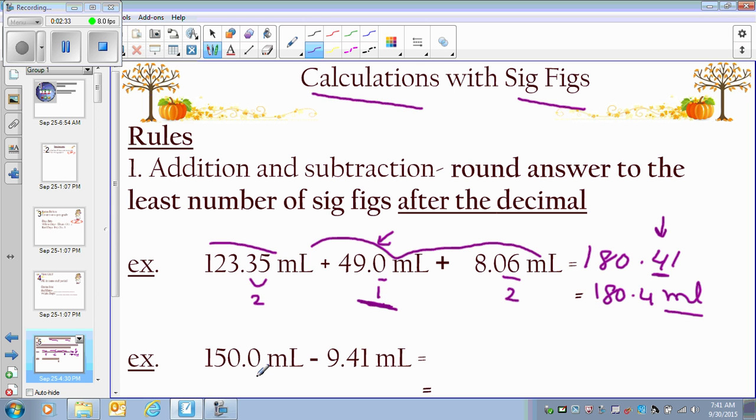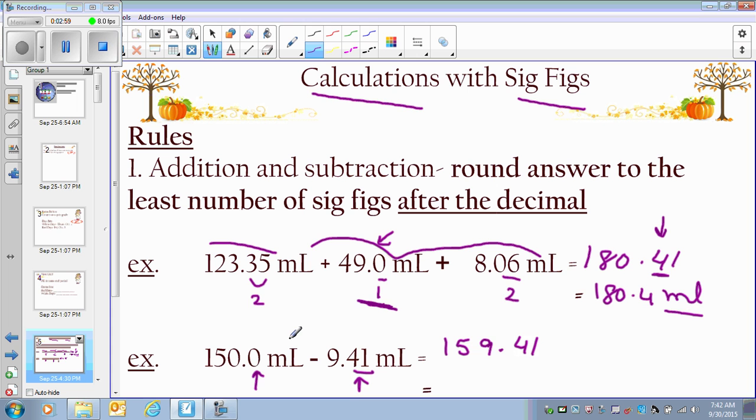So let's say we do the subtraction here. I have one significant digit after the decimal point, and I have two significant digits after the decimal point. So let's see what the calculator gives me. When I put the two numbers together, my calculator tells me that the answer is 159.41. As I said, it is not your choice to do whatever with this number.